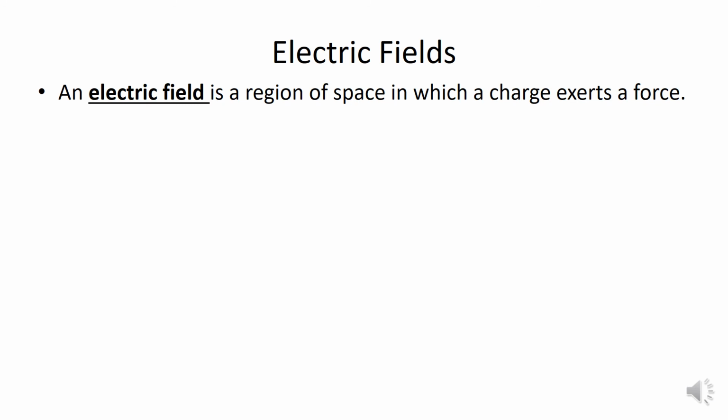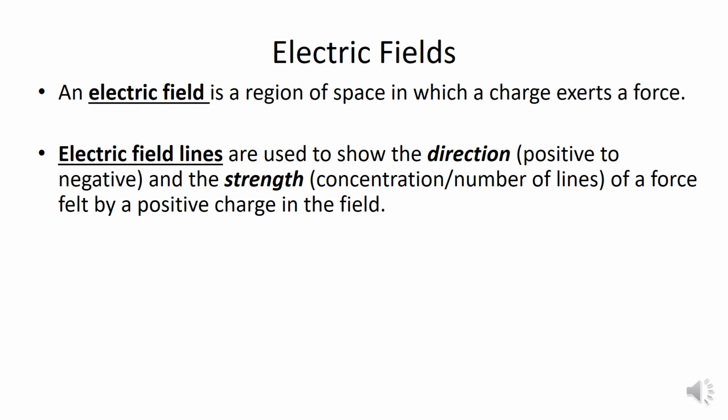We can't see it, but we can detect it from the movement of other charges. And we can draw it using electric field lines. Please note, in reality there's no such thing as these lines. We use them to depict or picture the electric field.